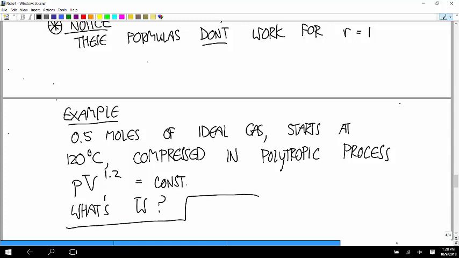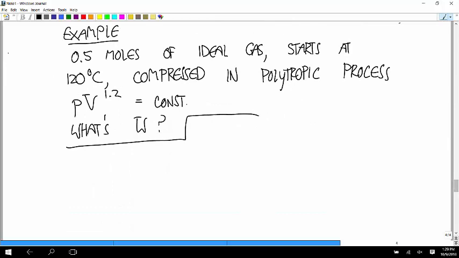Okay, so first of all, what do we expect the sign of W to be? Gas expands, W is positive. This gas is compressing, so we expect it to be negative. Work is equal to n times the universal gas constant over 1 minus R times, oh, we don't know the final temperature.